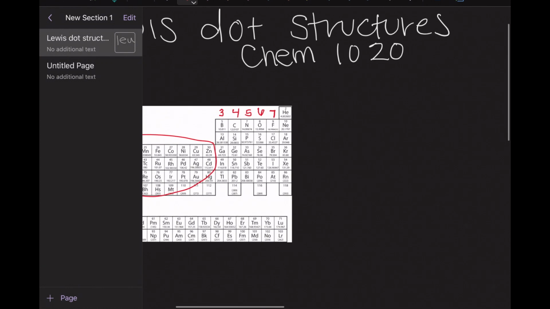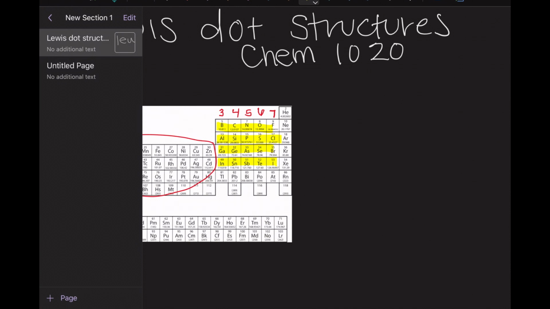But since when we're talking about Lewis dot structures, we're quantifying covalent bonding, which is sharing of electrons between two atoms, we are usually going to look at the elements in those 4 rows that I've just highlighted.